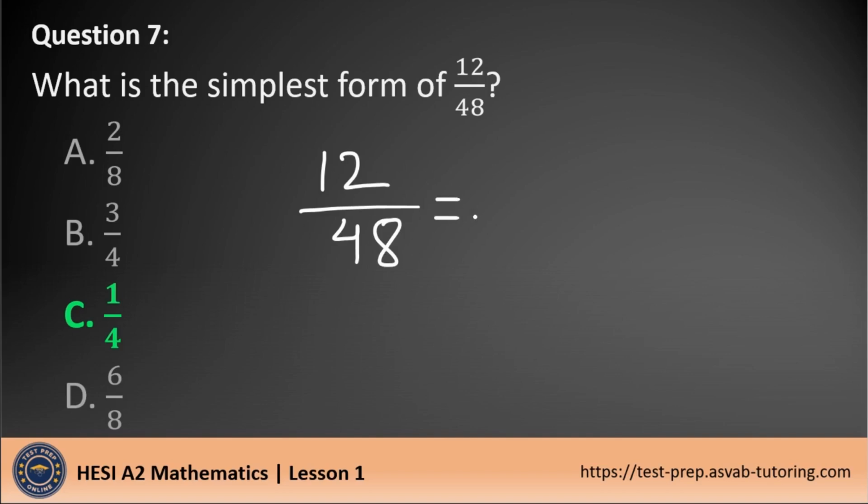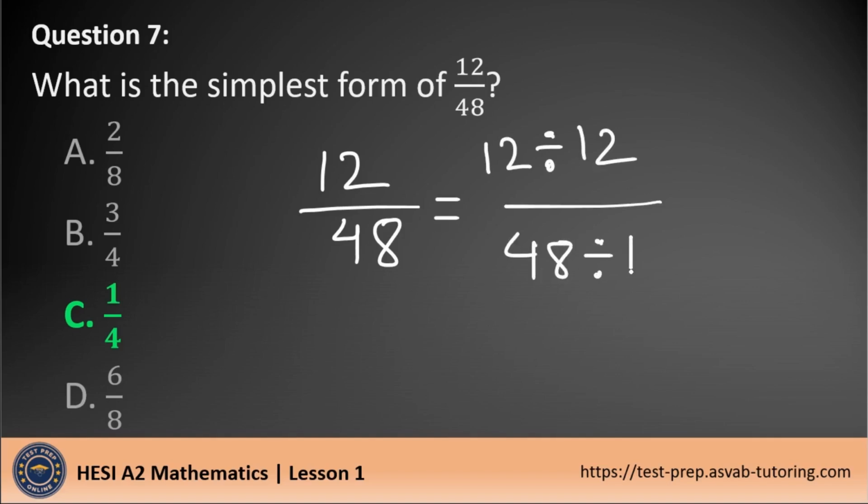So we will divide 12 by 12 and 48 by 12. So here 12 divided by 12 equals 1, and 48 divided by 12 equals 4. So here the answer is C.